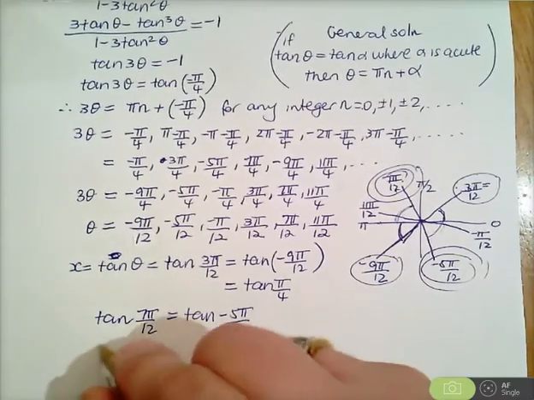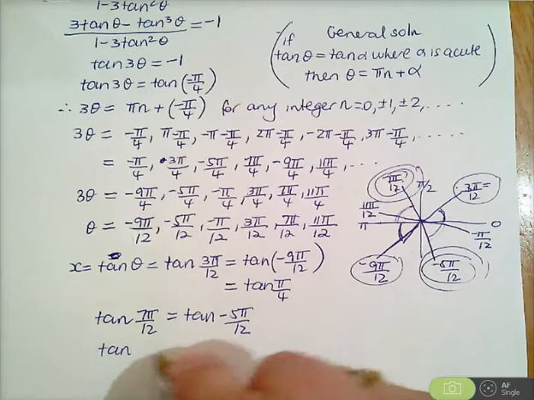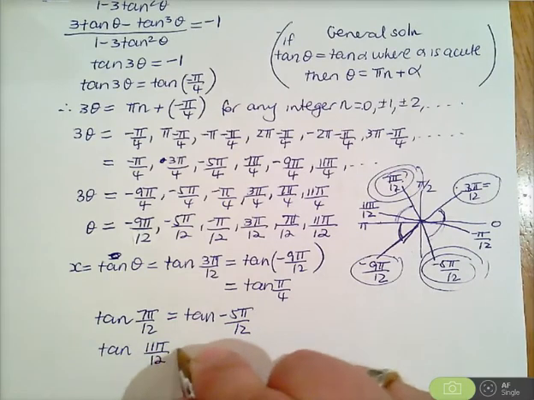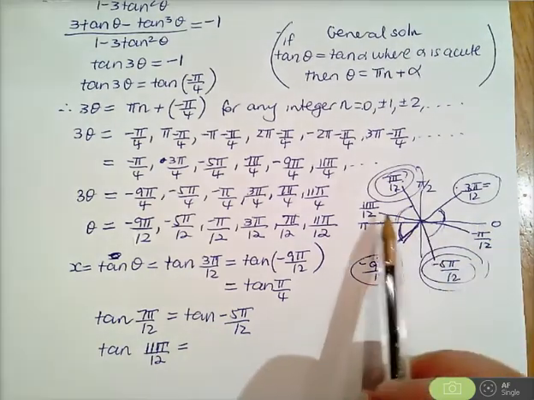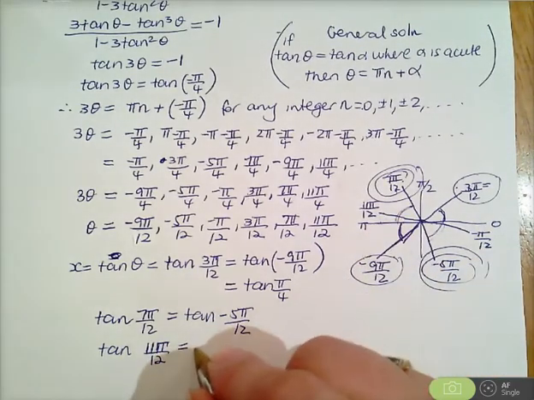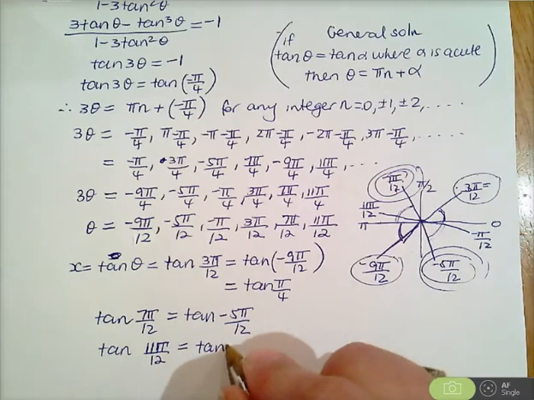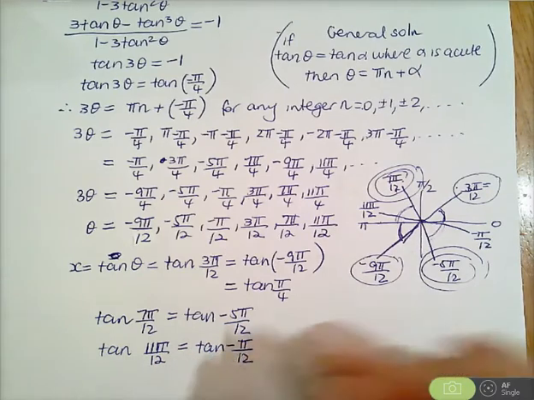The other thing that we know is that tan of 11 pi on 12, now that's quadrant 2, and in quadrant 2 tan is negative. It will give you the same result as tan of minus pi on 12.